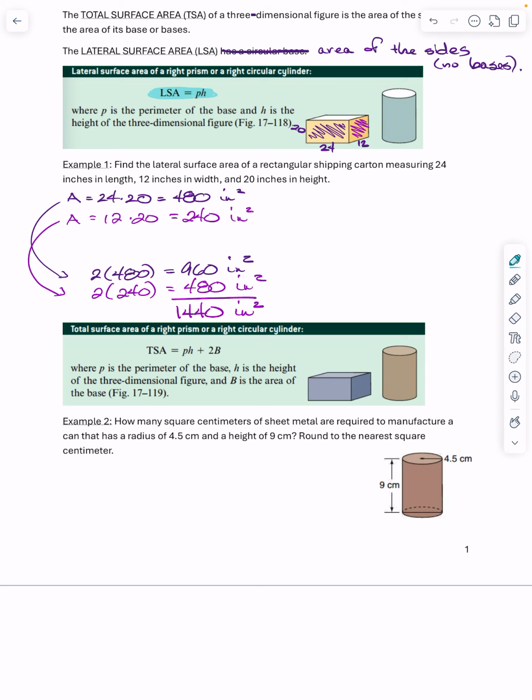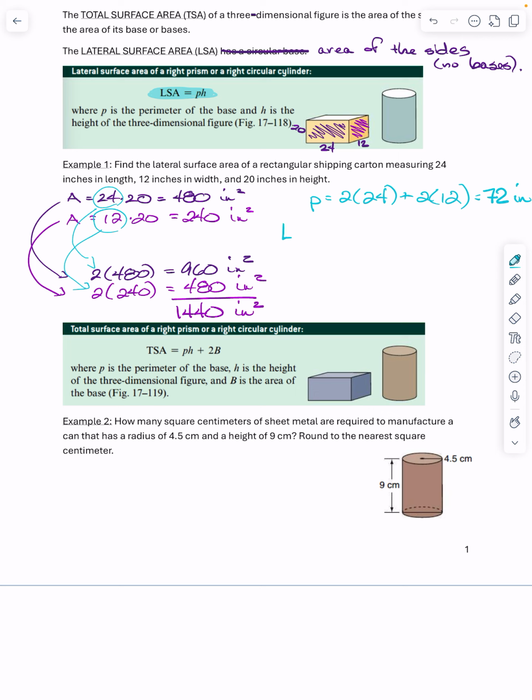The perimeter of my base is going to be 2 times 24 plus 2 times 12, which is 72 inches. And if you think about that, here's my 24 times 2 part. Here's my 12 times 2 part, right? Only thing I've left out is the times 20.